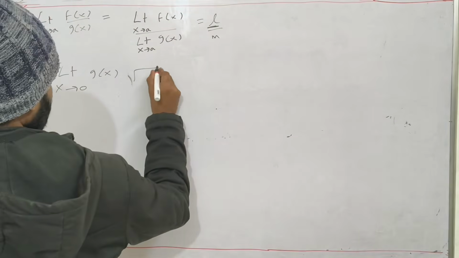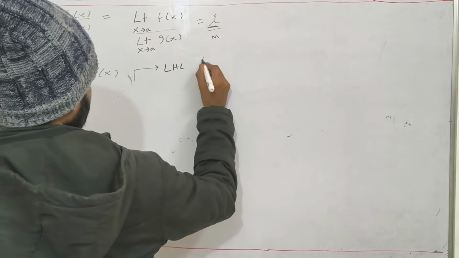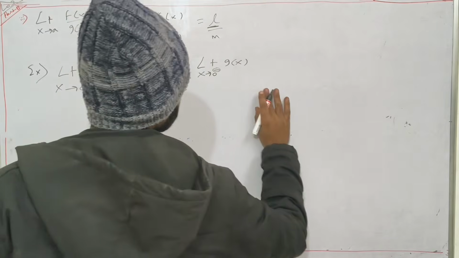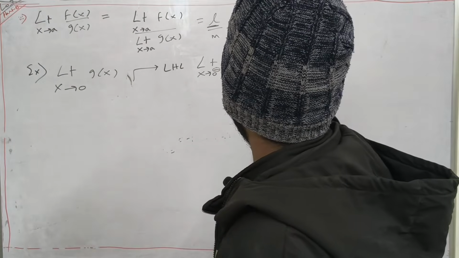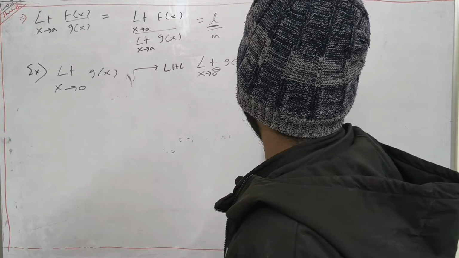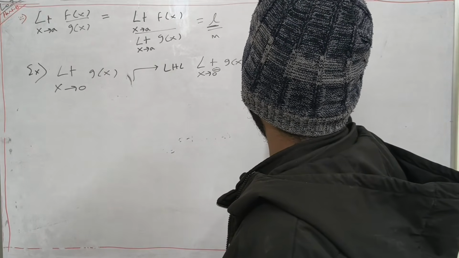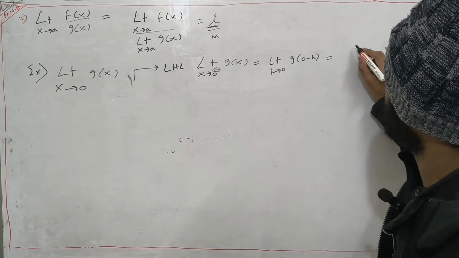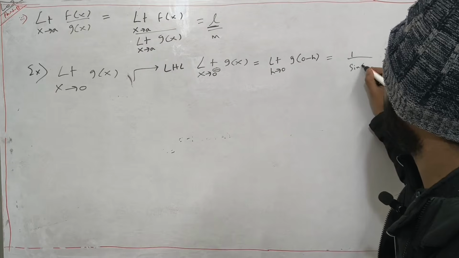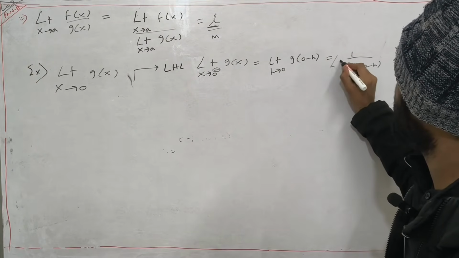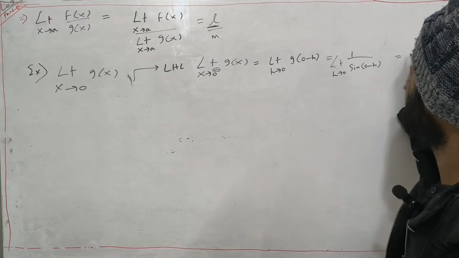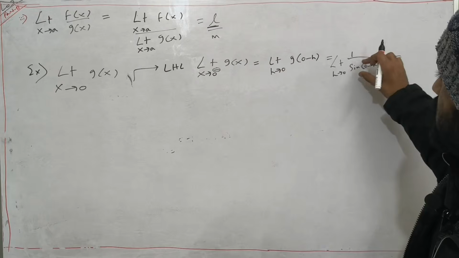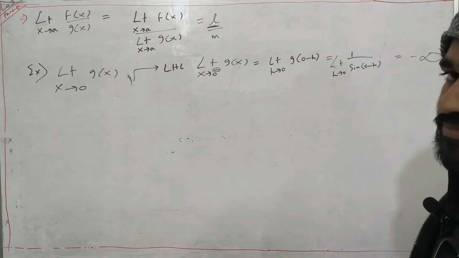If you find the left hand limit, limit x tends to 0 minus g of x, ठीक है, equals to limit h tends to 0 g of 0 minus h, this is equals to, g of x is 1 by sin x, this is 1 by sin of 0 minus h, limit h tends to 0, sin of 0 minus h is minus 0, and this value tends to minus infinity. ठीक है, good.